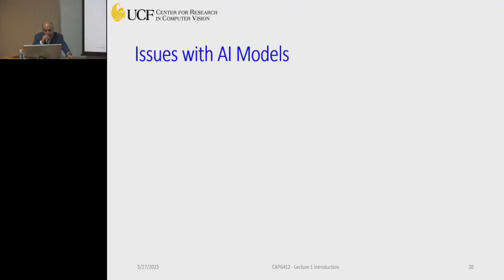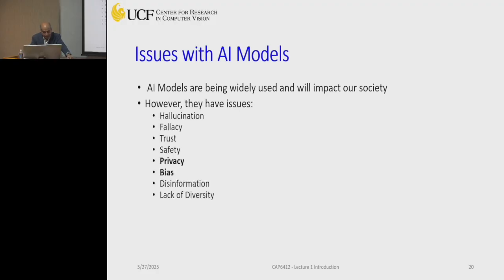Now, with all this success and all the attention in society about AI, these models have some issues. They are being used in daily life, but we have issues like hallucination, fallacy, trust, safety, privacy, bias, disinformation, lack of diversity, and all those things.